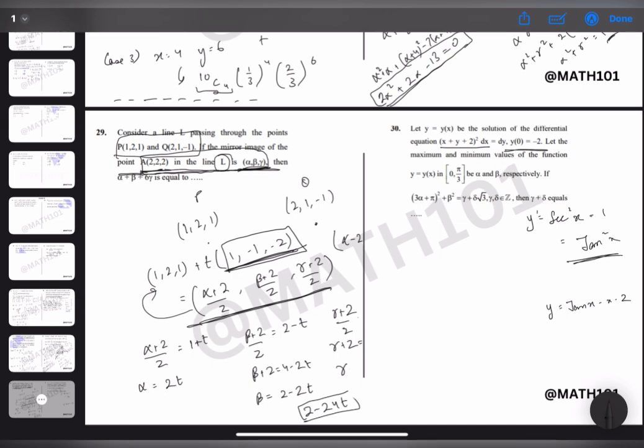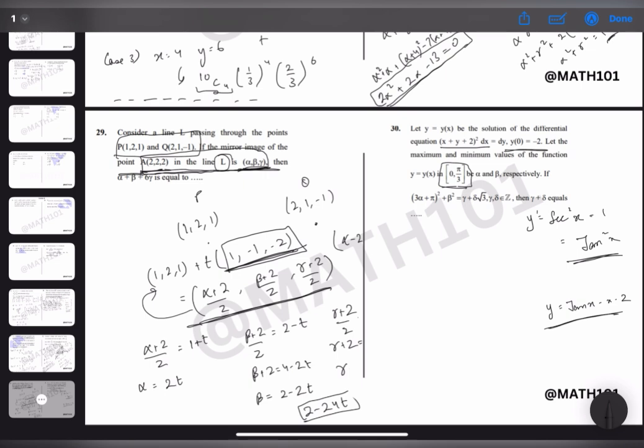So this is completely positive from 0 to pi by 3, which means y is an increasing function in this domain.